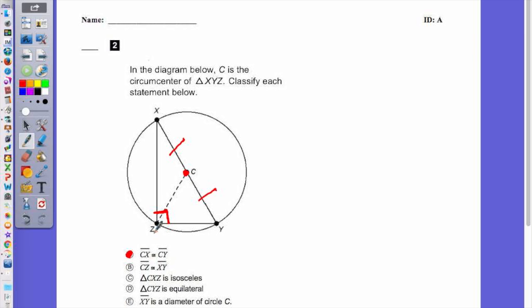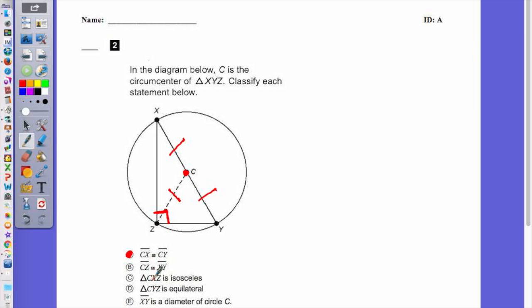By the way, CZ would also be congruent to CX and CY, correct? Because it's also a radius. CZ is not congruent to XY, correct? CZ we can see is the radius, XY is a diameter.